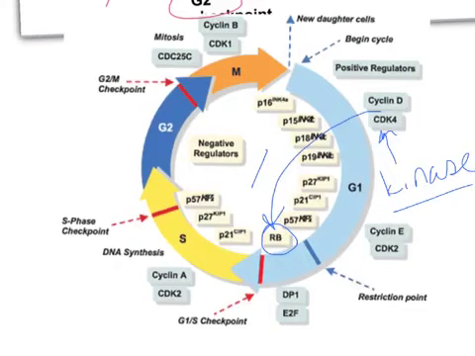A lot of times you have mutations in these genes that allow the cell to go through this restriction point faster and faster. You remove the brake, the car goes down the hill pretty fast. Same thing occurs: you remove the brake, the cell goes through the cell cycle faster, and you end up with cancer.